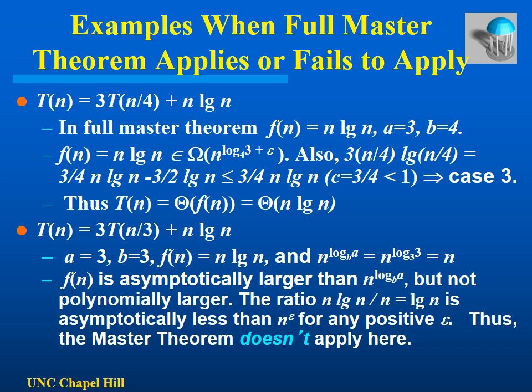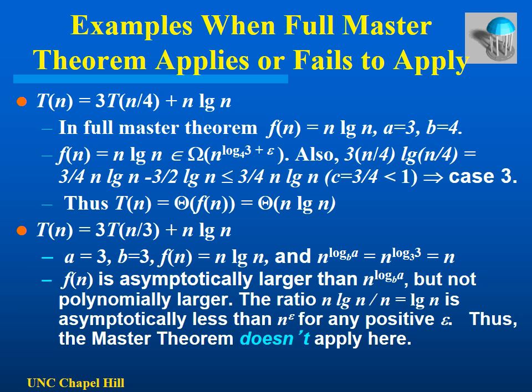A slight change in that recurrence relation has the denominator of n be 3 rather than 4. So a equals 3, b equals 3, and f(n) is still n log n. We still have the property of f(n) being asymptotically larger than n to the log base b of a, that is to say, being in that omega set.